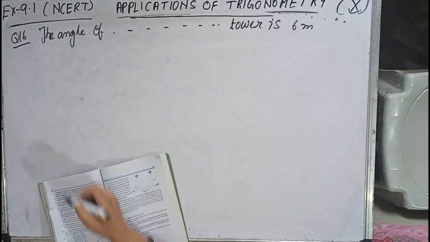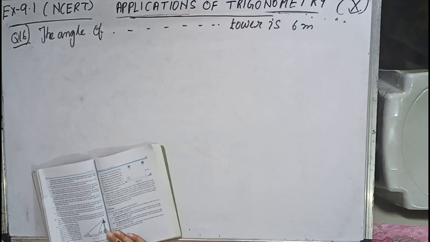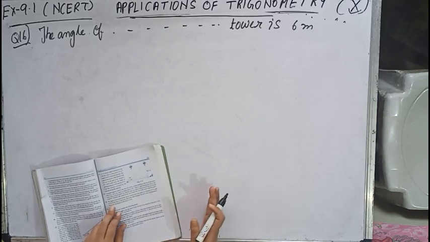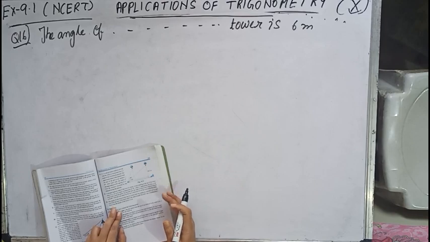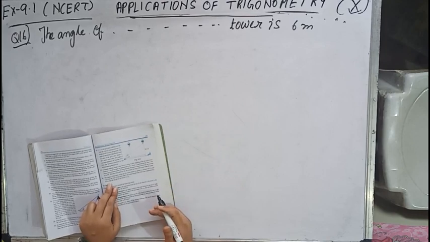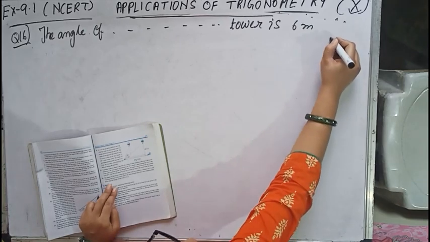Now let us move to question number 16. Question number 16 says that the angle of elevation of the top of a tower from 2 points at a distance of 4 meter and 9 meter from the base of the tower and in the same straight line with it are complementary. Prove that the height of the tower is 6 meter. So answer is given, we have to simply prove it.